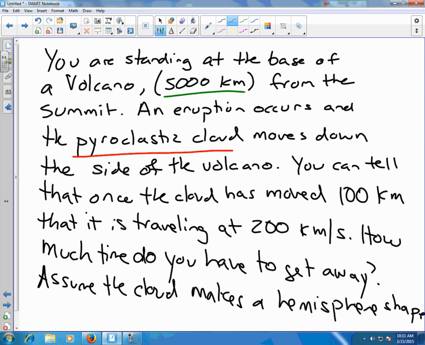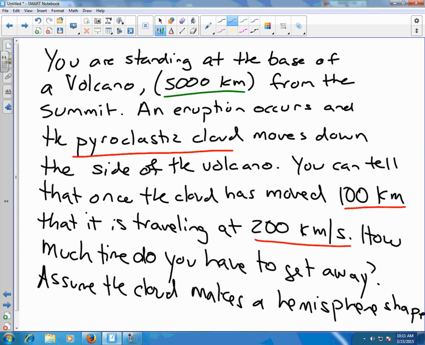So you see this eruption, and you can tell that once the cloud has moved 100 kilometers down the slope, it's now traveling at about 200 kilometers per second. You want to assume that it erupts in a hemispherical shape.